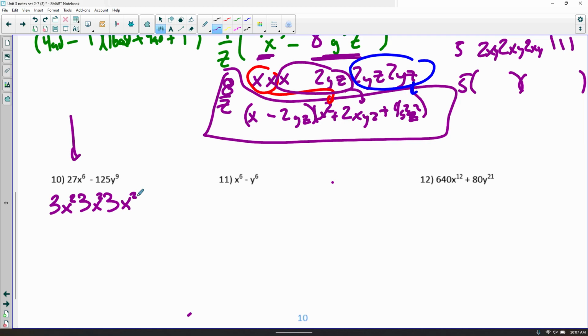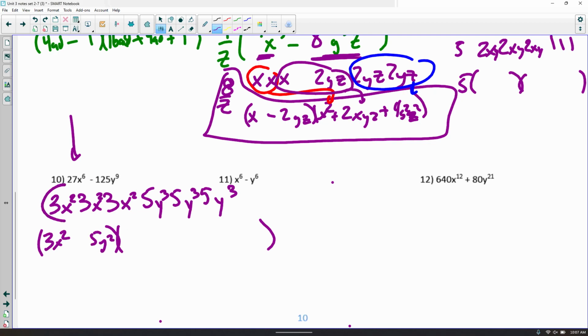So what about 125? 5y, 5y, 5y. What's the y got to be to? 3. So now you got a small parentheses and you have a large parentheses, and you put one of each in here. Then you're going to multiply those together.